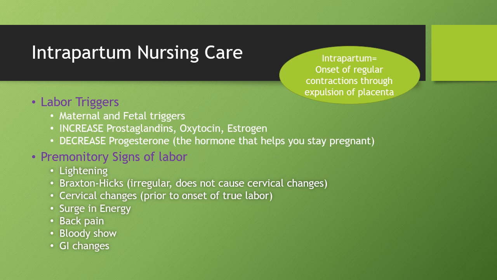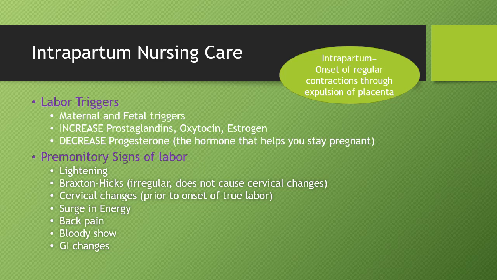And the pressure against the cervix from the presenting part of the fetus releases oxytocin, which also increases uterine contractions. At the end of pregnancy, estrogen increases, which increases uterine responsiveness to both the prostaglandins and the oxytocin, and progesterone decreases, which allows estrogen to stimulate the uterus.